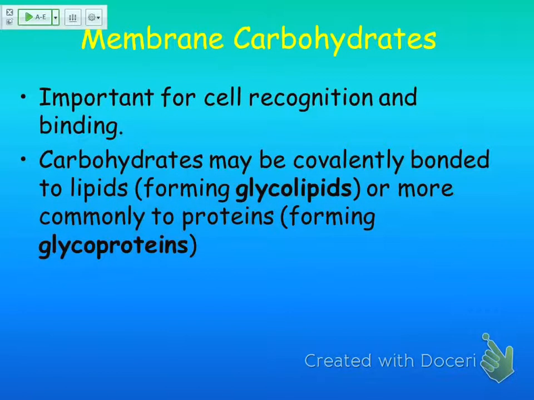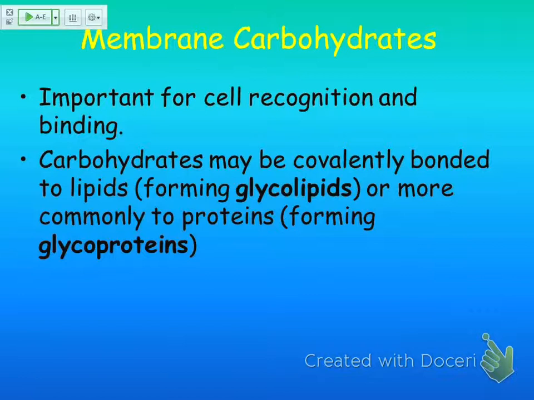Another thing that we'll find associated with membranes are carbohydrates. Now, these are not so much for gating, controlling what goes in and out of a membrane, as they may be for recognition and binding.